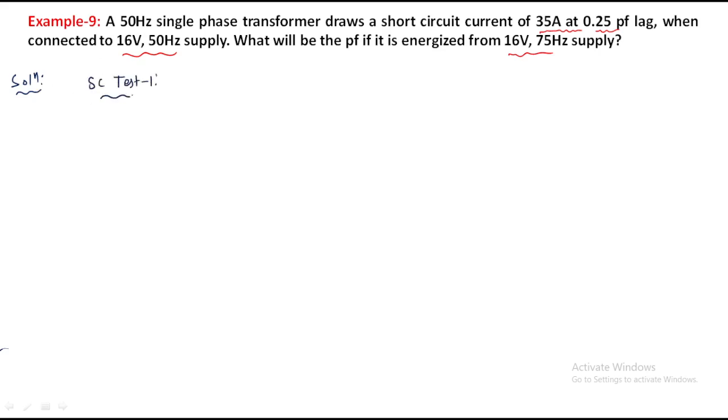Let's see test 1. What is the data? It is 16 volts 50 hertz and cos phi SC should be equals to 0.25 lag, and ISC which is equals to 35 amperes. Like that, short circuit test 2.